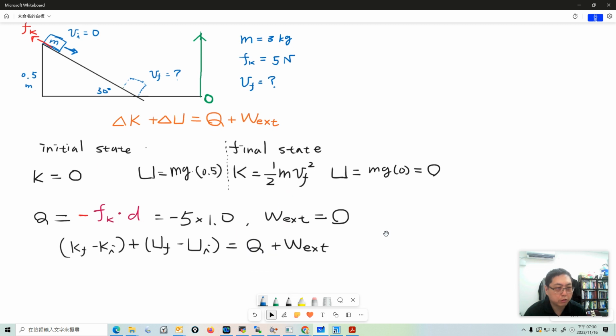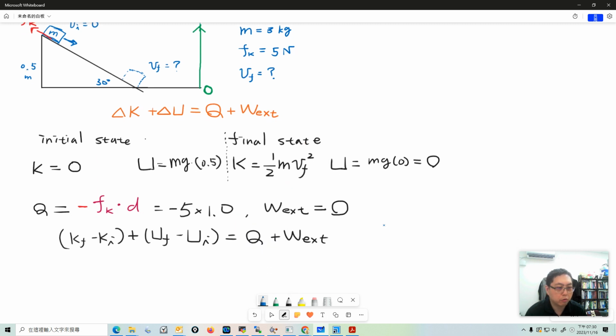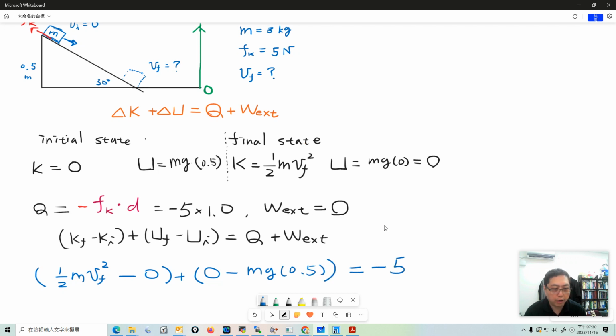The final state kinetic energy is 1/2 m vf squared, minus the initial kinetic energy, which is 0. The final potential energy is 0, and the initial potential energy is mg times 0.5. That equals Q, and Q is minus 5 times 1.